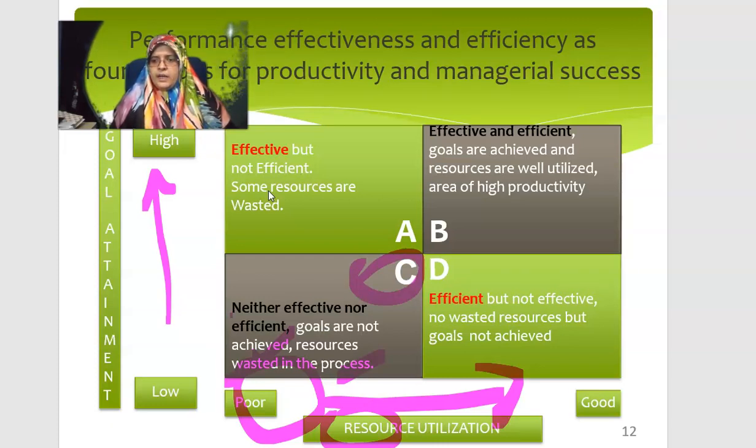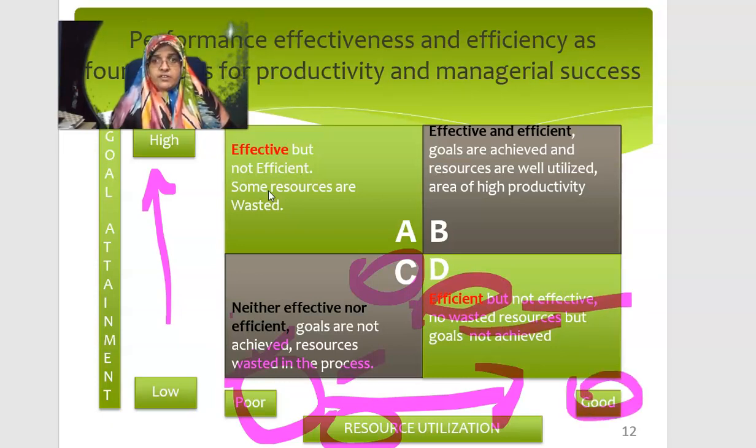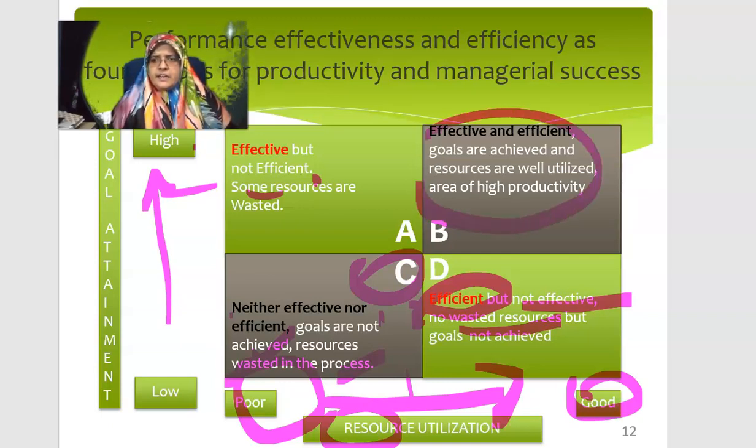In this one, it is efficient but not effective. No wasted resources, good in terms of resource use, but goals are not achieved. In this one, some resources are wasted, but it is effective. Maybe a lot of money is used, but what they want is achieved. What we want is this one: goals are achieved, resources are well utilized, and this is what we call the area of high productivity.